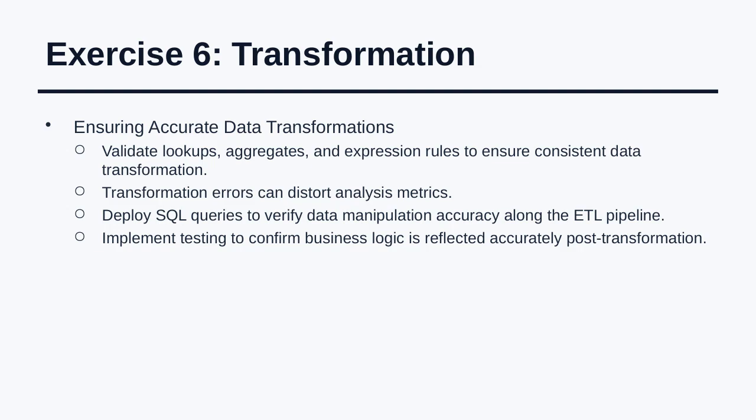For example, you might verify that sums or counts match expected values after aggregation, or that lookup tables are correctly joined without missing or mismatched records. Additionally, implementing thorough testing to ensure that the business logic is properly reflected in the transformed data helps catch issues early.